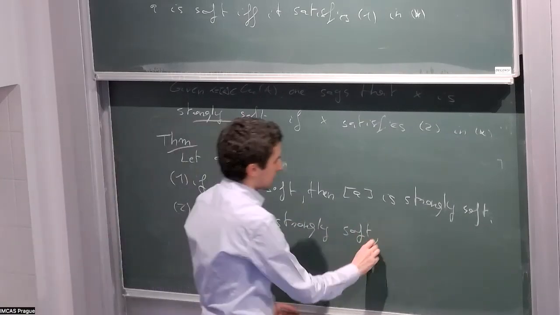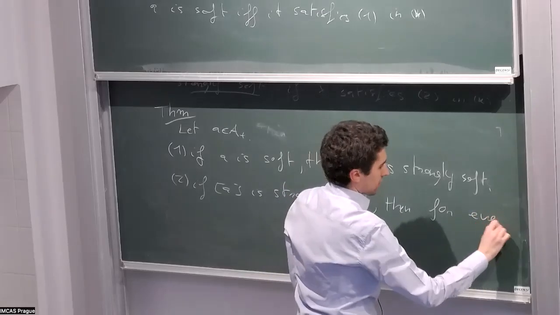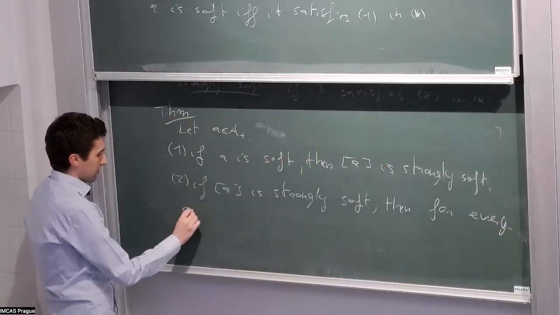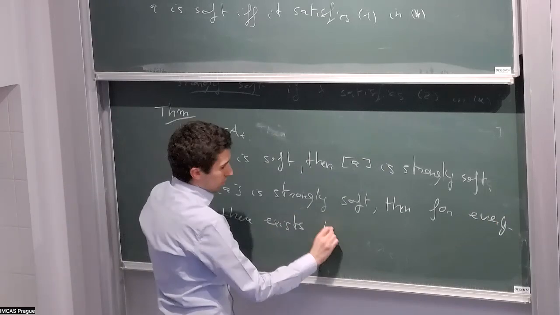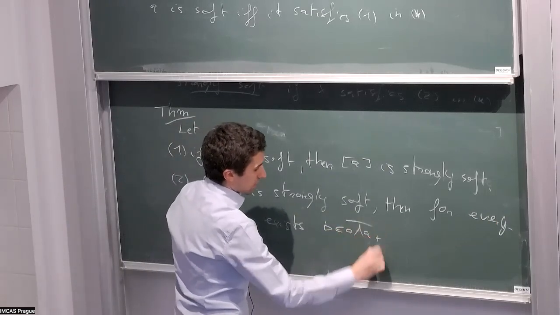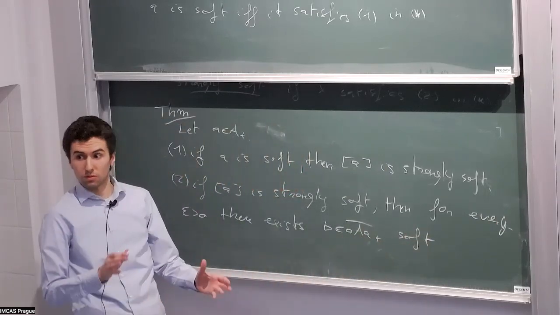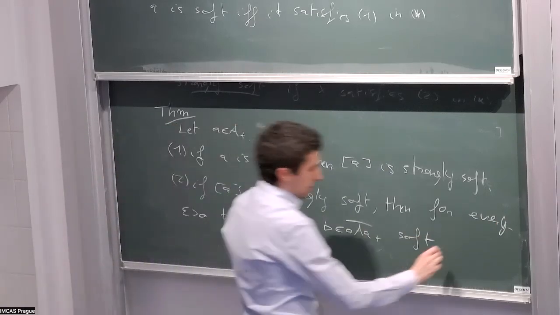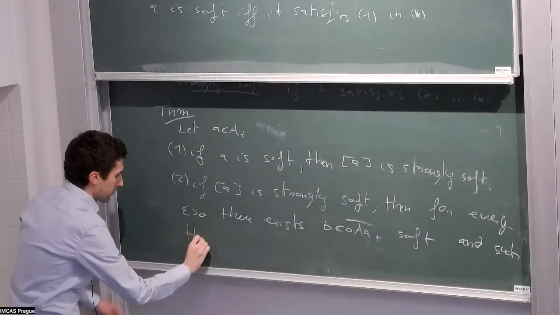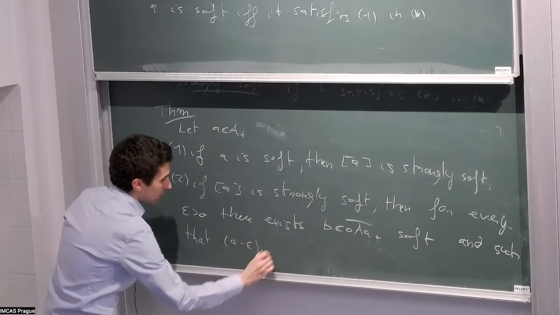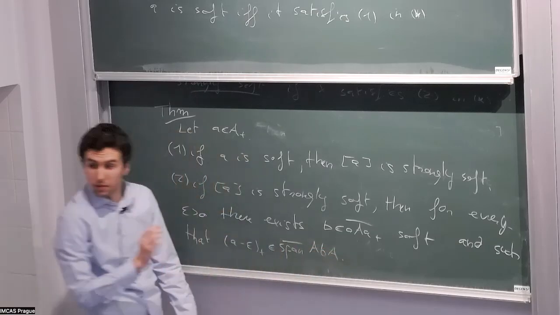Mainly, what you can prove is that for every positive epsilon, there exists some element in the hereditary C-star subalgebra of A, which is soft in the C-star algebraic sense, and such that it's almost full, meaning that the epsilon Cuntz class of A is in the ideal generated by it.